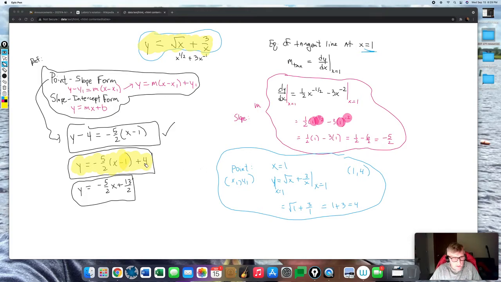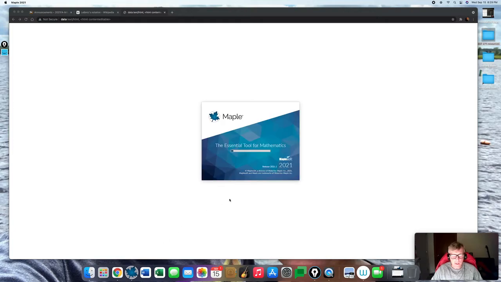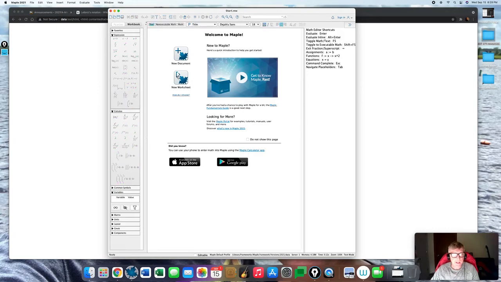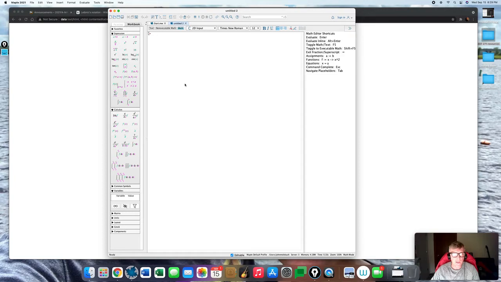Okay, so let me hide all that, and we'll go take a look at Maple. This version of Maple should be the same version that my students have downloaded for JCC for the fall 2021 semester. And it doesn't matter whether you use a document or worksheet. I always use worksheet.